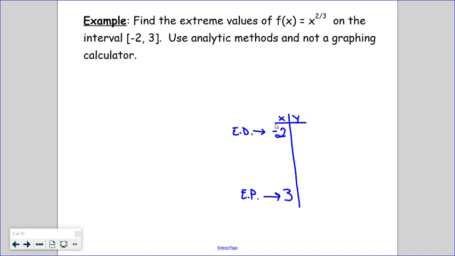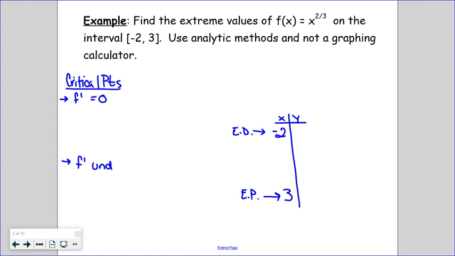So now let's talk about the critical points of this function. Remember that critical points will happen at one of 2 places, where our derivative equals 0 or where our derivative is undefined, which means we got to go find our derivative, right?